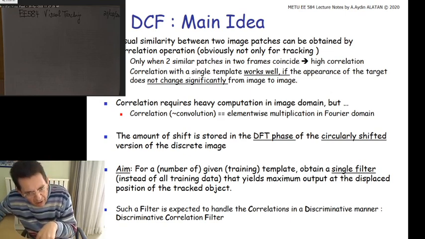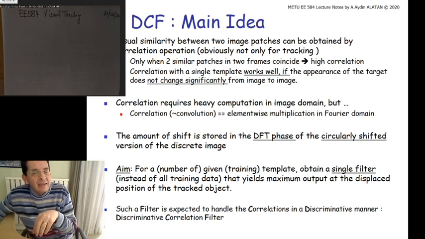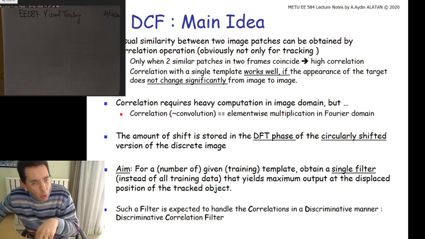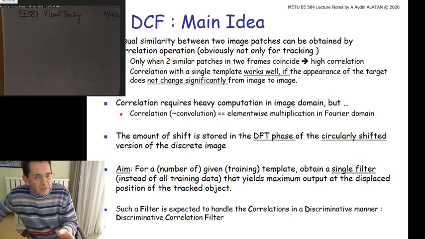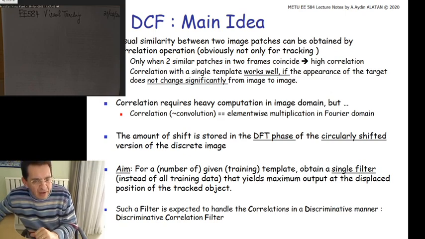It is making a correlation as a filter, and it is not only making a correlation, it is doing it in such a way that all the training data will create a very discriminative space with respect to all the others while we are trying to detect the target.